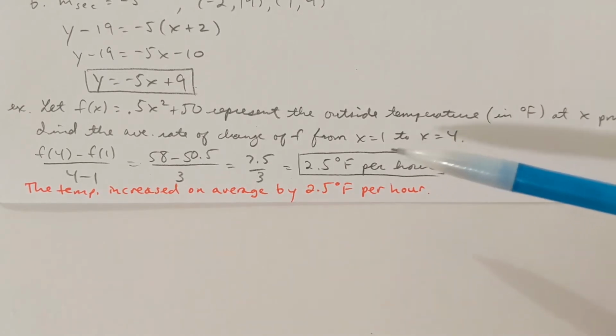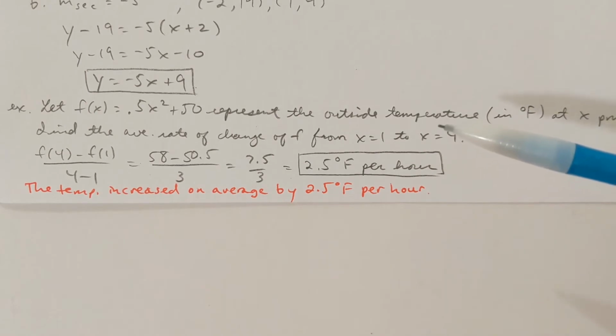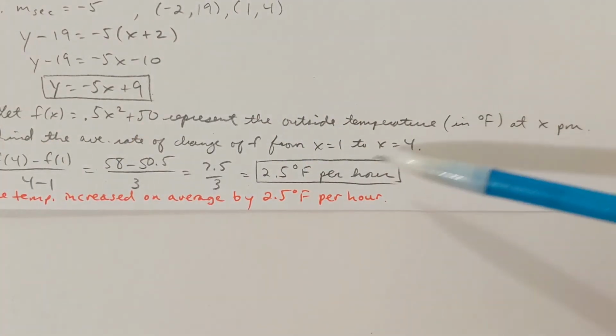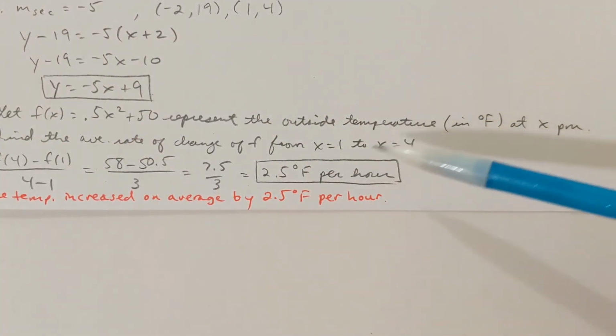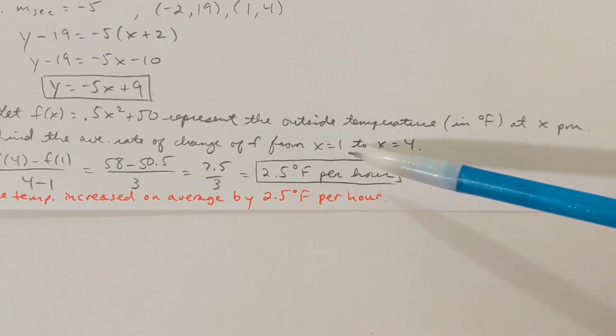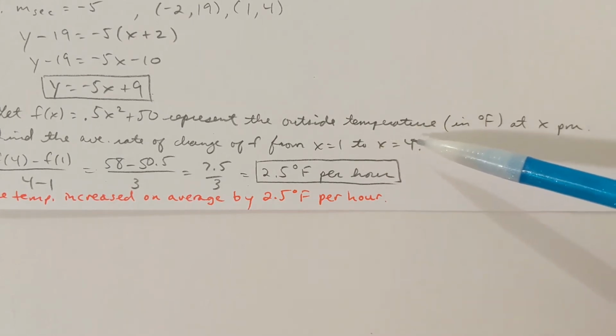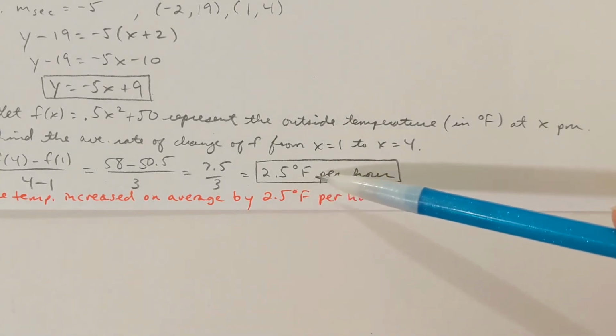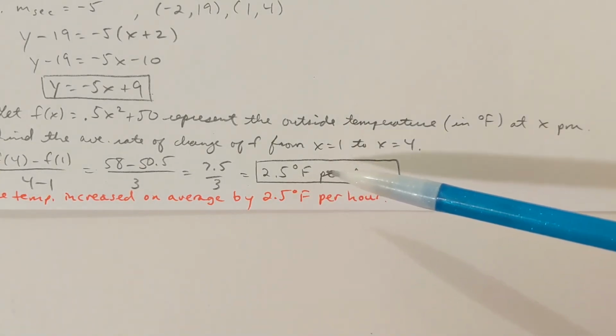Now they're not asking for it, but suppose that this is at x a.m. instead of x p.m. So I'm going to find the average rate of change from 1 a.m. to 4 a.m. This temperature change, I would expect more times than not, should be a negative number.